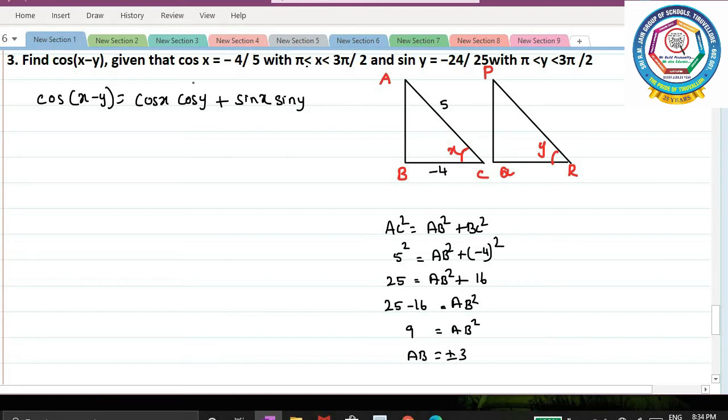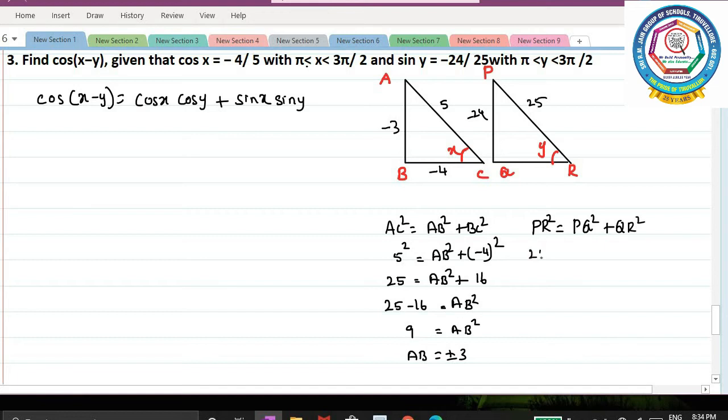But here theta, that is cos theta, lies in which quadrant? Third quadrant. So here the opposite side is also negative, so minus 3. Next, sin y is given, we have to find cos y. What is sin y? Opposite by hypotenuse, that is minus 24, hypotenuse 25. We have to find the adjacent side by using the Pythagoras theorem. PR square equals PQ square plus QR square.